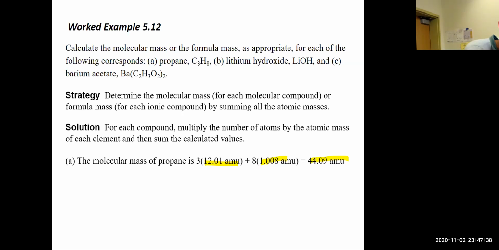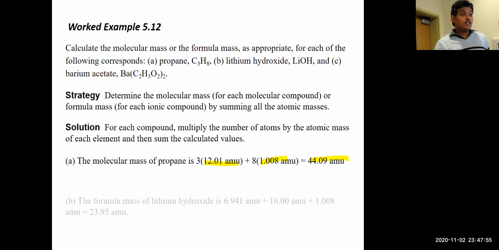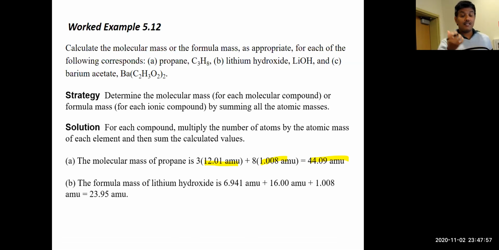For problem B, lithium hydroxide, you have 1 lithium, 1 oxygen, and 1 hydrogen. Because they were all 1, you don't need any further multiplication. You just collect the atomic masses of lithium, oxygen, and hydrogen and combine them to get the formula mass of lithium hydroxide.